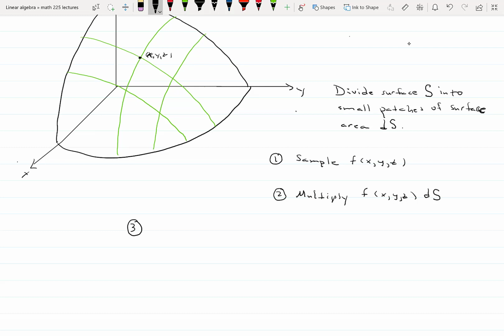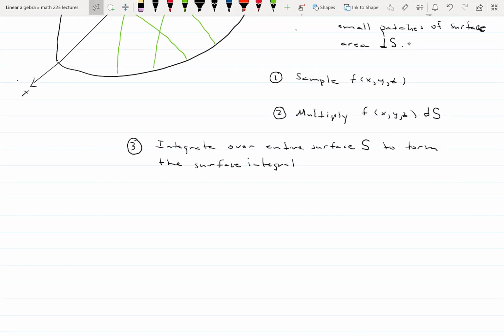So we integrate over the entire surface S to form this thing called a surface integral, this kind of abstract quantity for now.